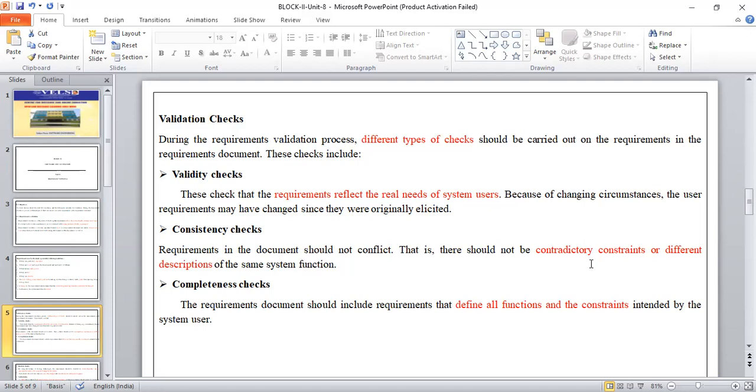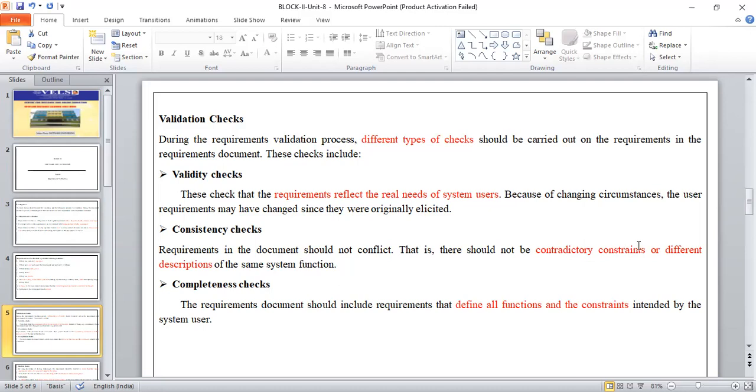Conditions should be the same for a particular description. For a particular requirement, we should not have contradictory constraints or different descriptions of the same system function. Therefore, the functionality of the system is going to be the same. It should not have a contradictory or different description of a requirement.